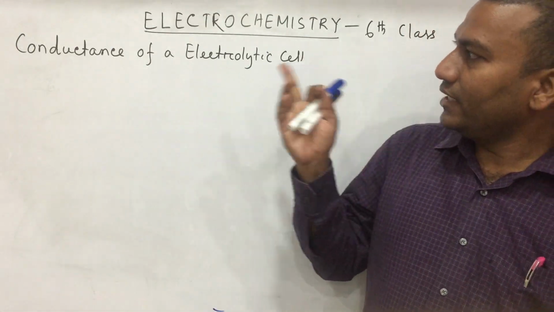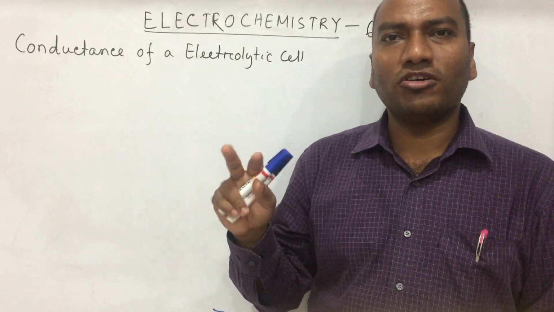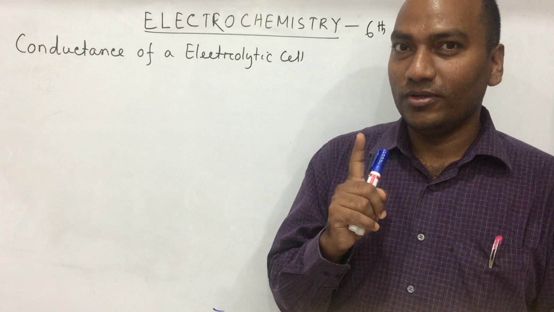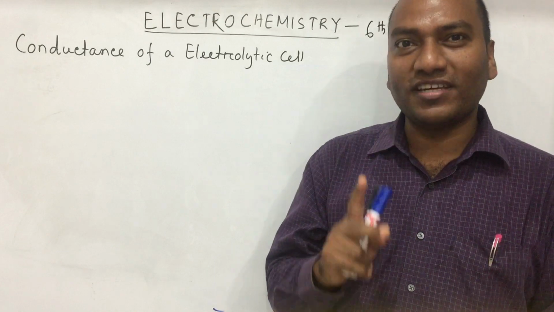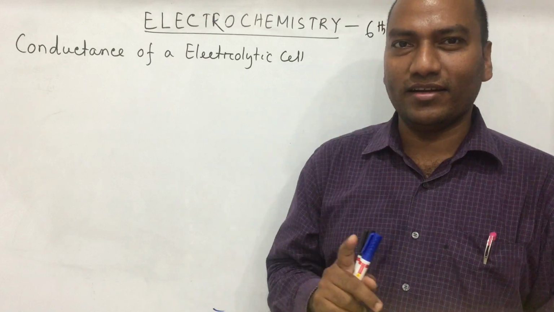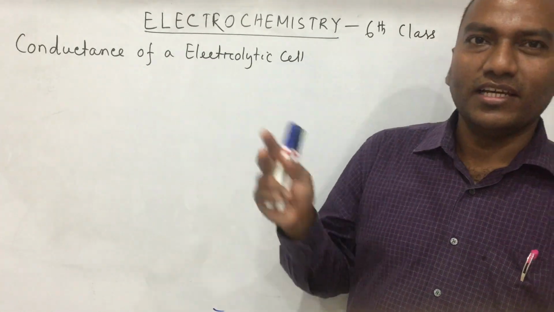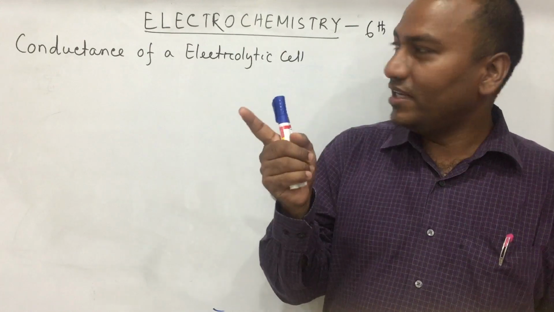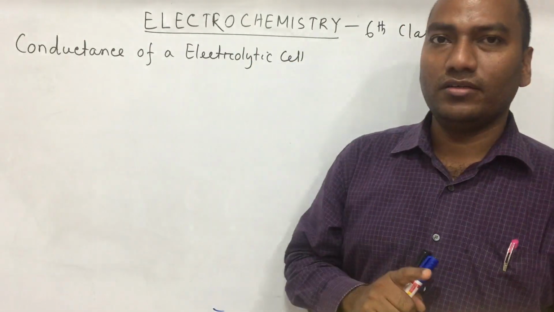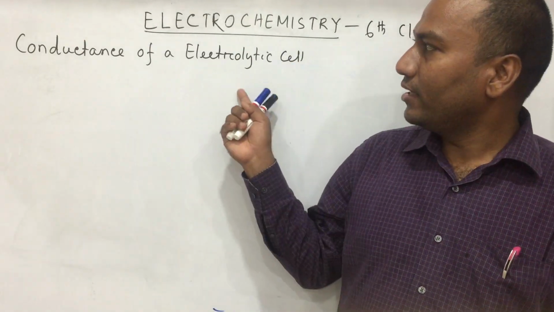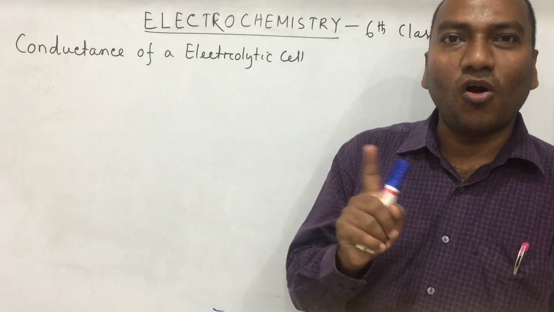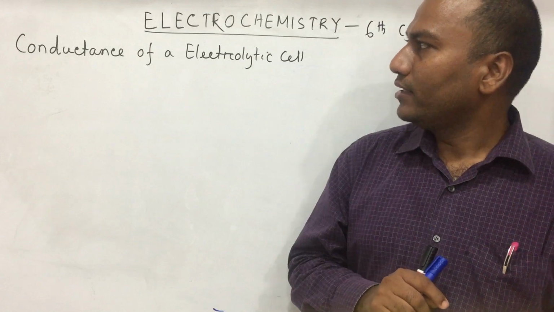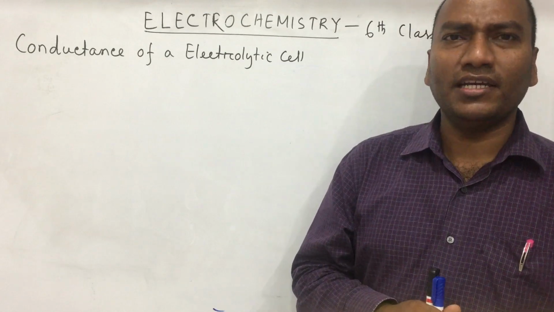Second, in the galvanic cell, two electrodes are dipped in two different containers, but in the electrolytic cell, two electrodes are dipped in one container. In the galvanic cell, a salt bridge was required, but in the electrolytic cell, no salt bridge is required. So these are the differences between galvanic cell and electrolytic cell.